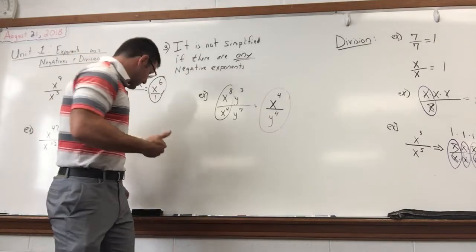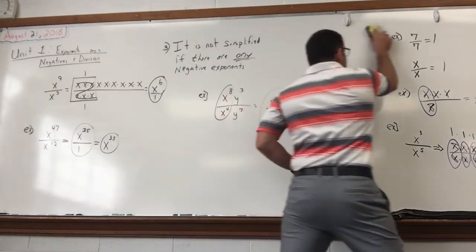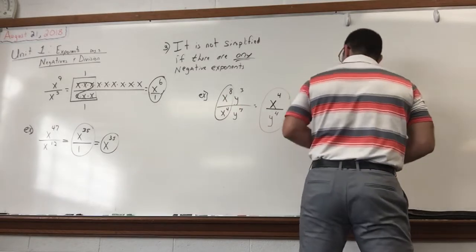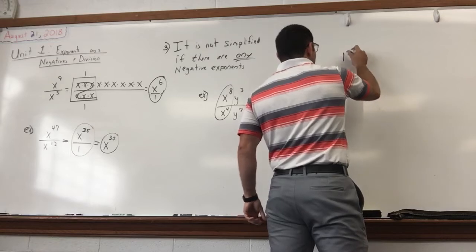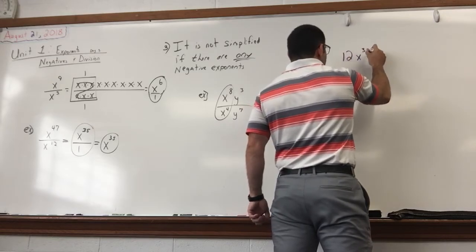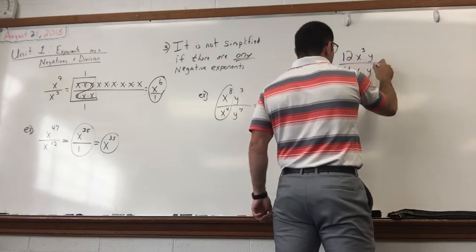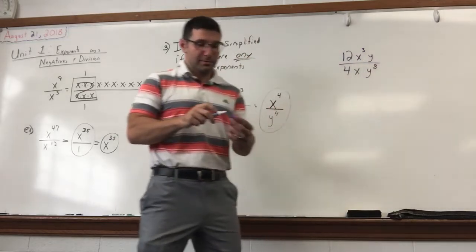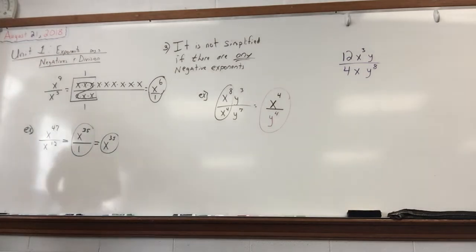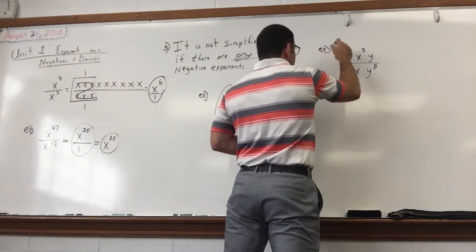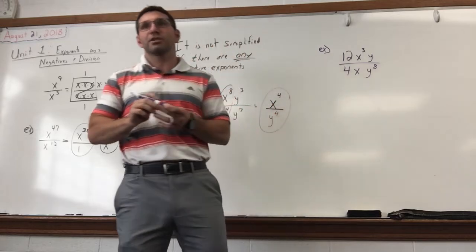Let's make it a little bit tougher. 12 x to the 3rd y over 4 x y to the 8th. Okay, so now take a second and let's remember first off just what a fraction is.